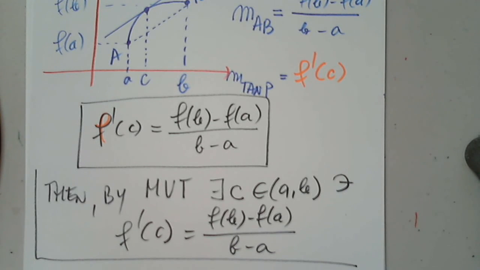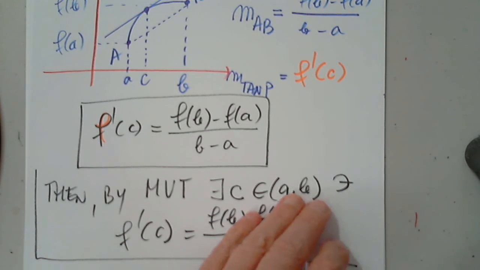Verify that the function satisfies the hypothesis of the mean value theorem on the given interval. Then find all numbers C that satisfy the conclusion of the mean value theorem. So let's illustrate with an example.